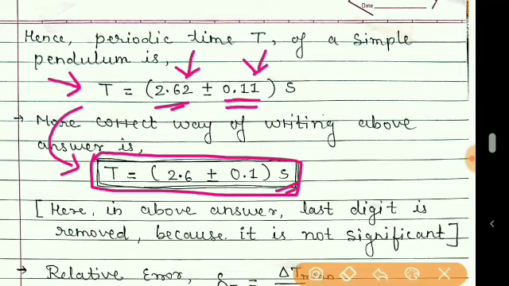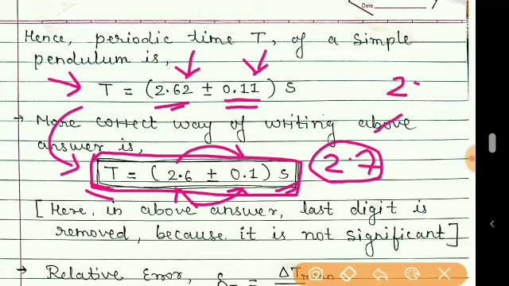If I ask you the range of this periodic time, it will be maximum to minimum. 2.6 plus 0.1 gives 2.7, the maximum, and 2.6 minus 0.1 gives 2.5. So the range of the periodic time is 2.7 to 2.5.